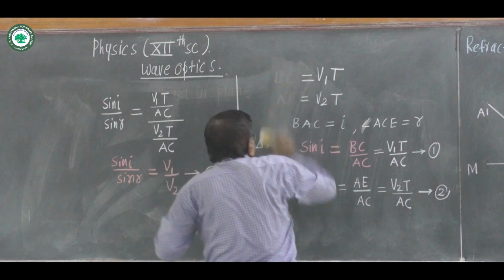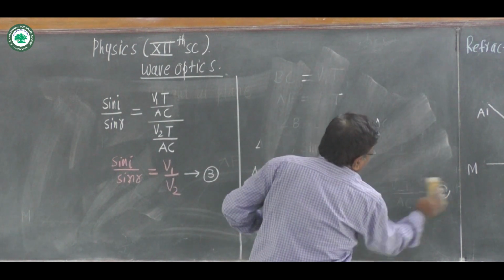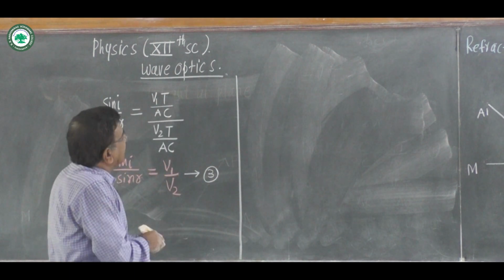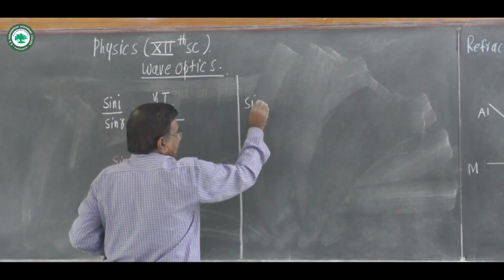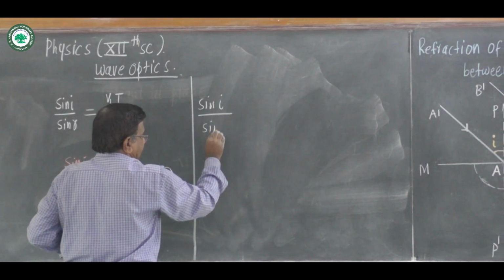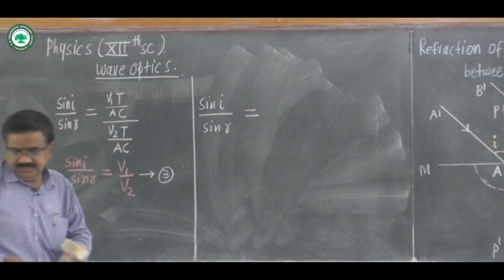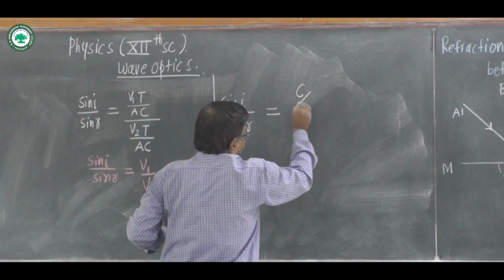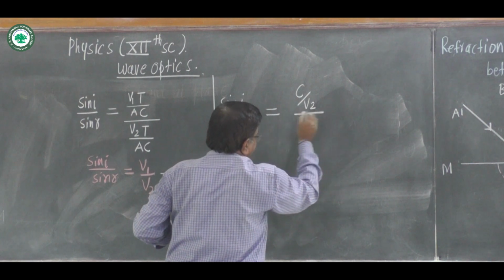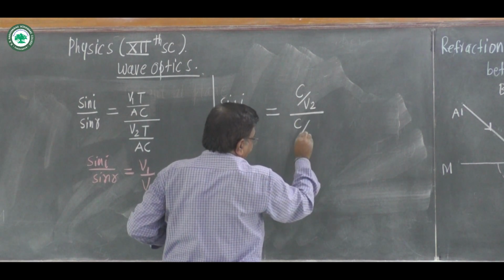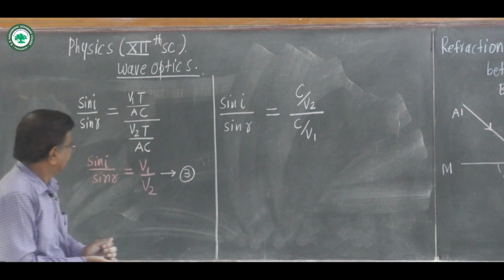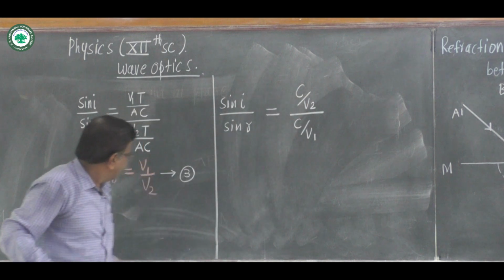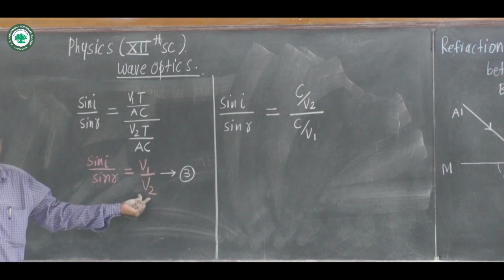We'll modify this equation like this. Sin I upon sin R is equal to C upon V2 divided by C upon V1. This C gets cancelled and our original term will be V1 upon V2.